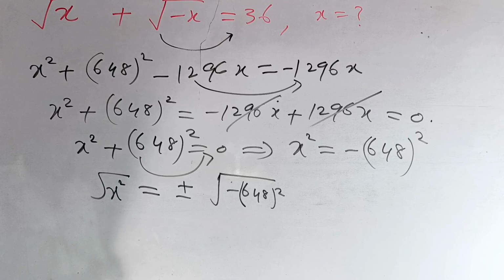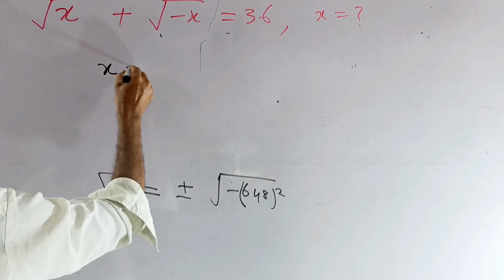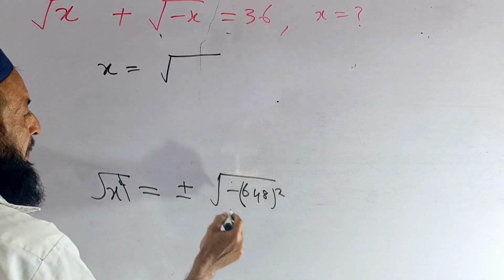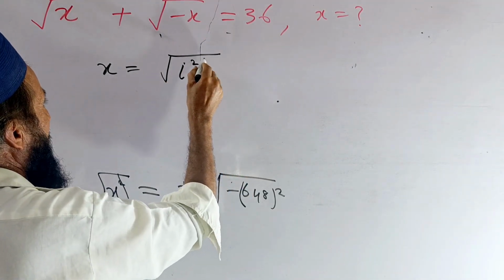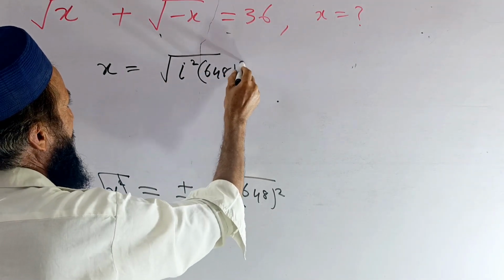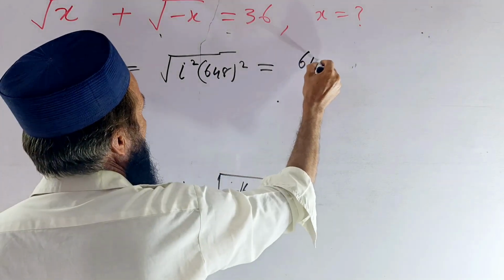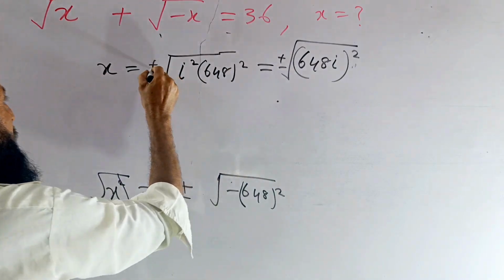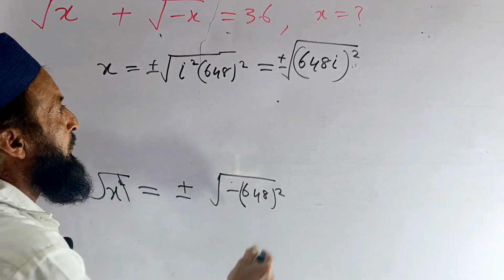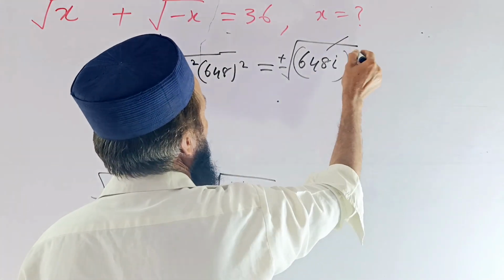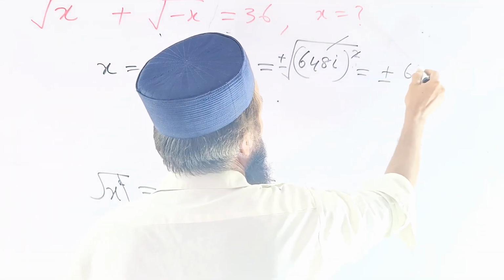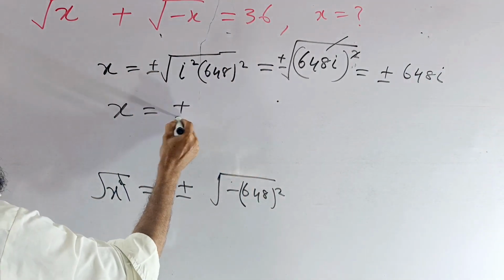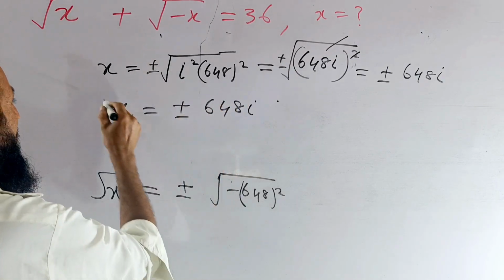So x is equal to the square root of minus, and in place of minus we put iota square and 648 whole square. Again we can write it as the square root of 648 iota whole square, plus minus. So the square root is cancelled, and we get plus minus 648 iota. So the value of x is equal to plus minus 648 iota.